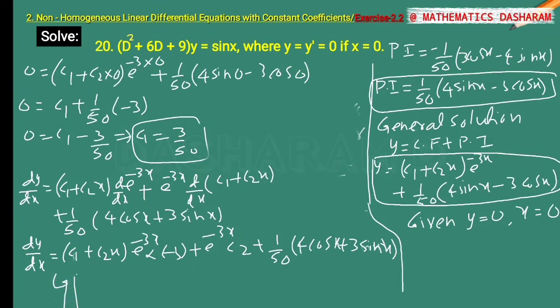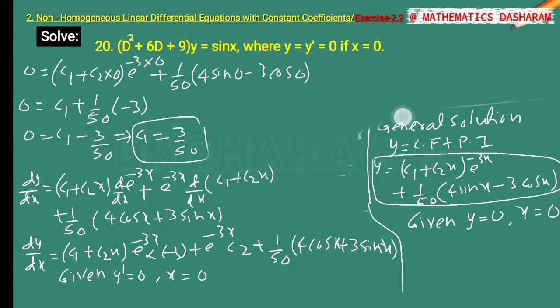Now given that y dash equals 0 at x equals 0. Y dash means dy by dx. So let's substitute these values.